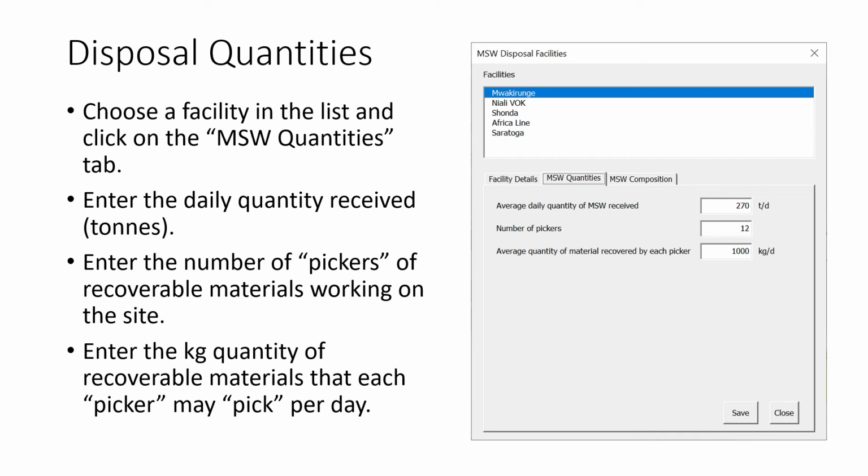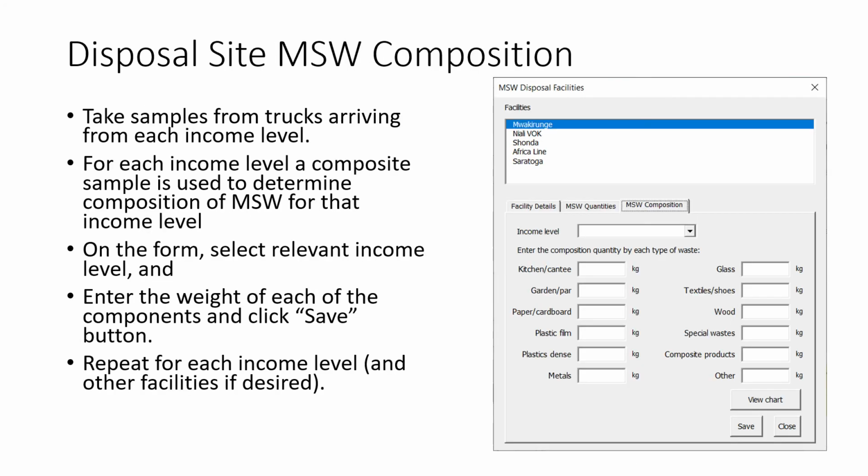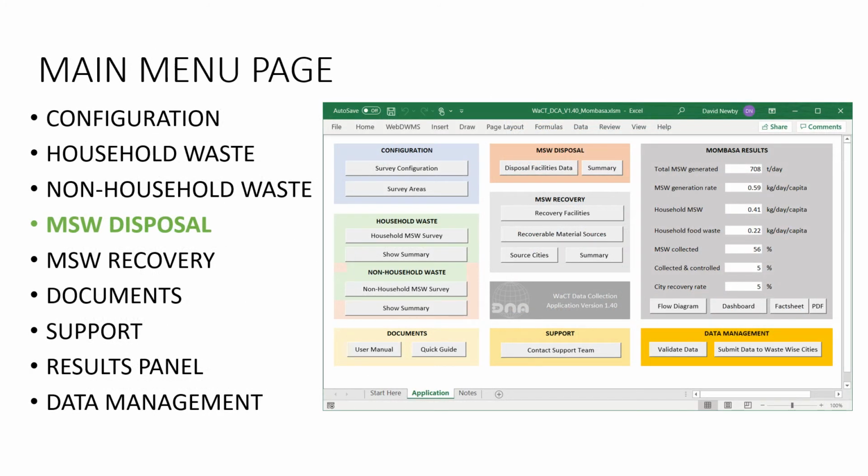Once quantities are entered for the facility, we can also click on the MSW Composition tab, and we aim to sample waste loads from one area for each income level received at the main disposal facility and record the compositions. Select the income level and enter the weight of each fraction. Click the Save button and repeat for each income level. After that's all done, we can click the Close button and go back to the main menu.